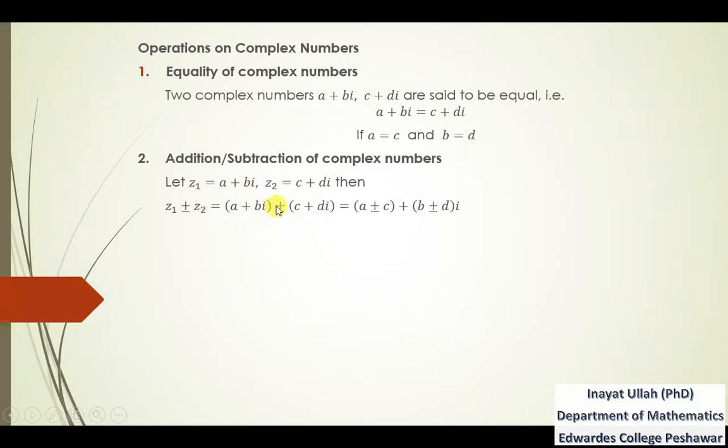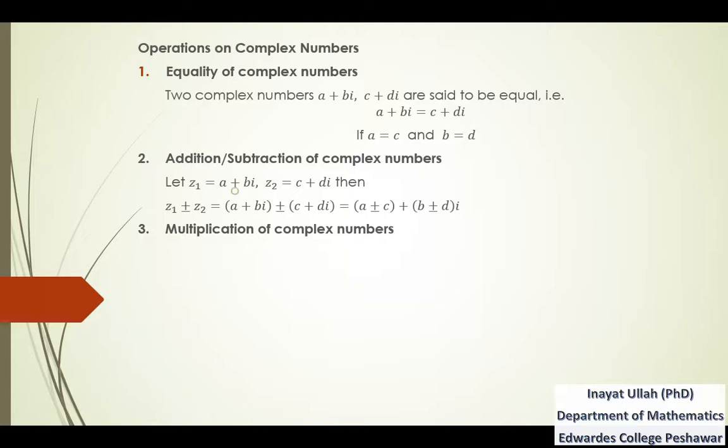Now how could we add or subtract? Adding or subtracting the real parts, plus adding or subtracting the imaginary parts. These two are imaginary parts. Taking iota common from these two, we are left with b plus or minus d.